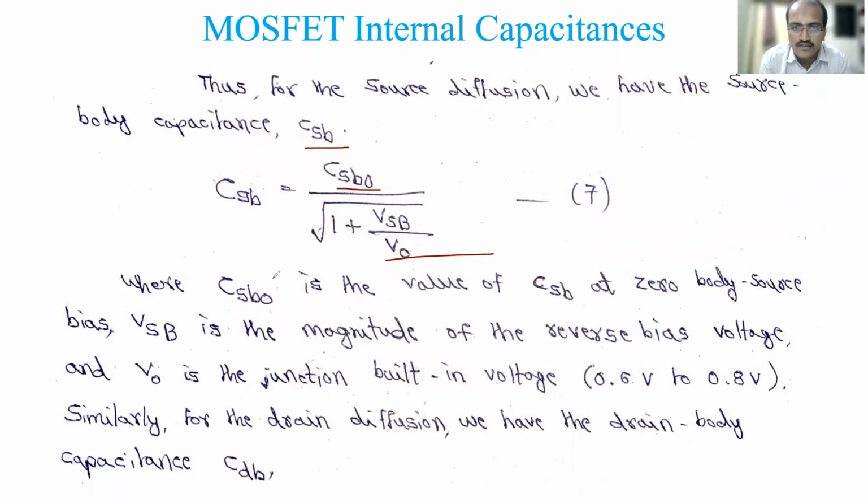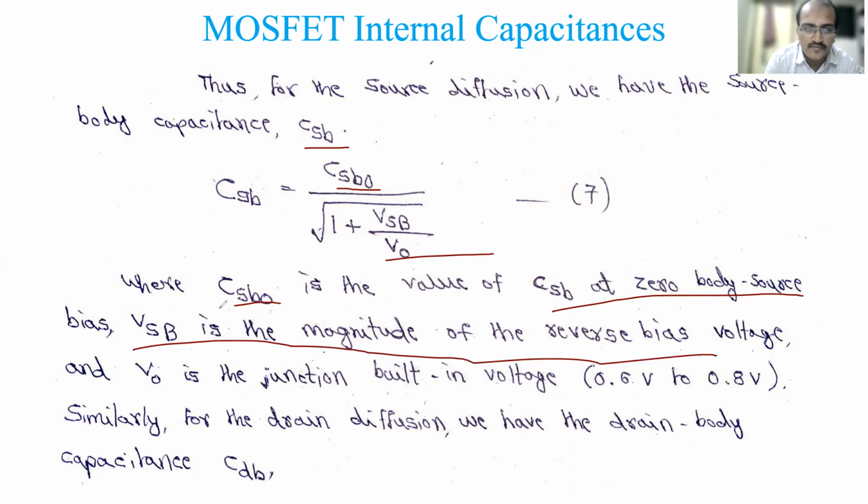Here CSB0 is the value of CSB at zero body source bias. Same as CJ0 we considered, it is CSB0 at zero source bias. VSB here is the magnitude of the reverse bias voltage.